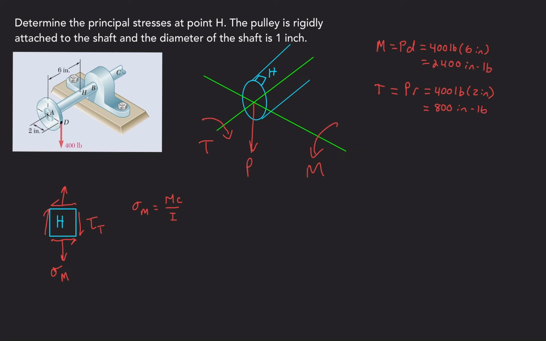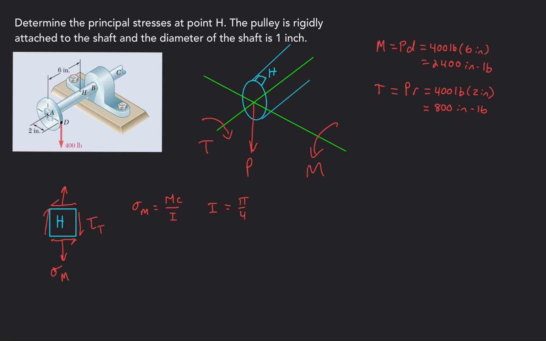All right, back to the stress. We know the moment, we know the radius of the shaft is a 1/2 inch. So we know M, we know C. Let's figure out I. So I, for a circle, is pi divided by 4 times r to the 4th.